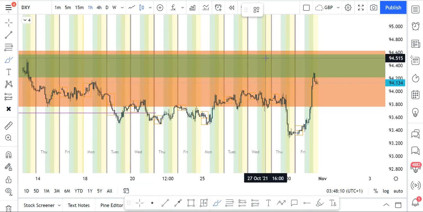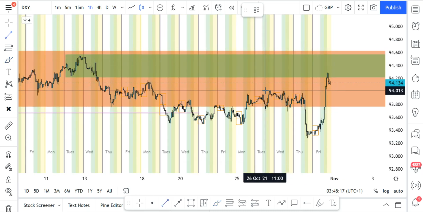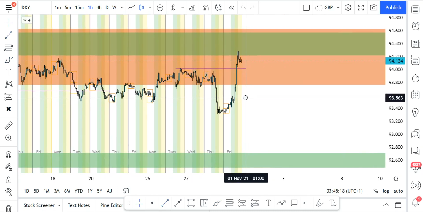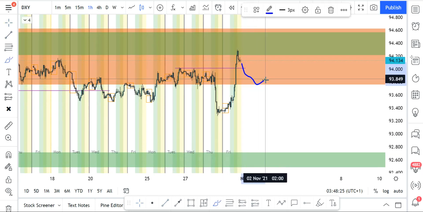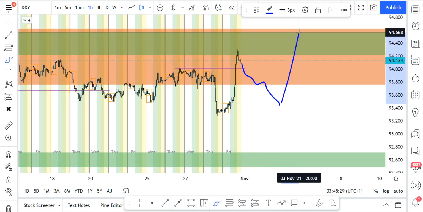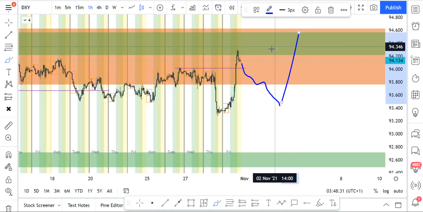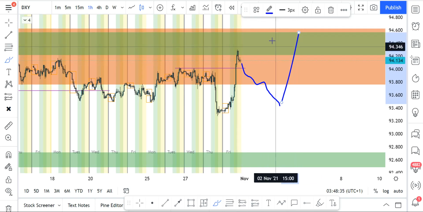Now if we look at the 1 hour time frame, what can we see? After a strong move like this and breaking structure, we can also see that equal highs have been tapped into. We expect price to flow a little bit to the downside before we see another upward movement, before they continue the upward movement.